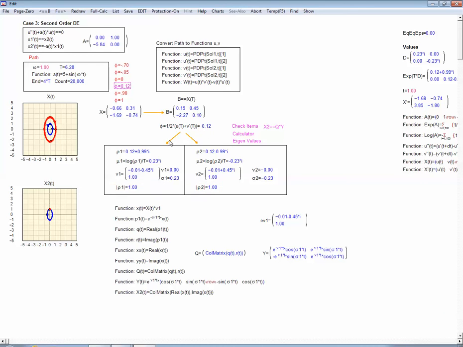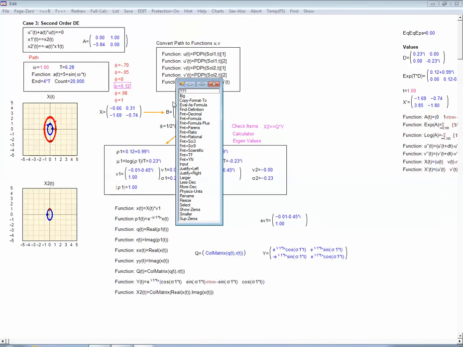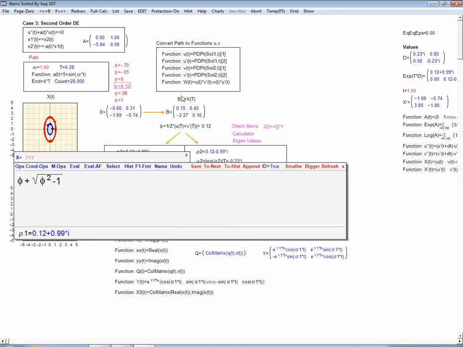So let's explore that a little bit by looking at one of these. Let's look at this first eigenvalue. The fact that phi is between plus and minus 1 means that this thing here is negative. It's minus 0.98 in this case. So the square root of a negative number is imaginary.